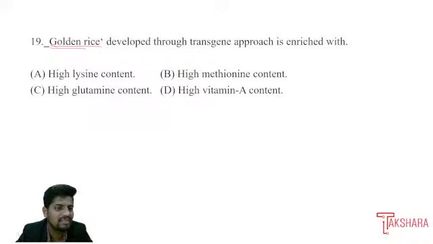Options given are lysine, glutamine, vitamins, and methionine. Golden rice has beta carotene and is very rich in vitamin A, and it can be used for the prevention of night blindness. So option D is the correct one: golden rice is enriched with vitamin A. Okay.